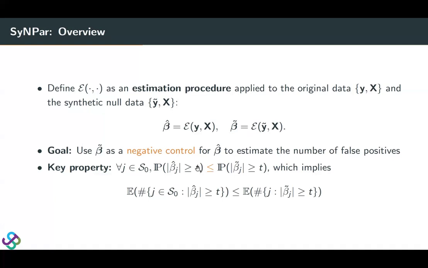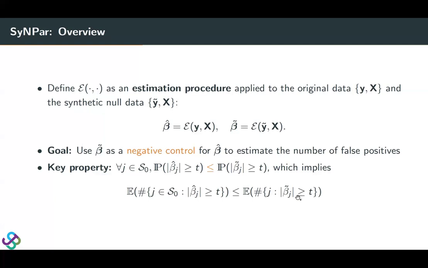We want to have a threshold T so that the j components with absolute values greater than or equal to T will be the discoveries. But we don't know this, right? So how can we control this quantity, and whether there are false discoveries? We want to say that for any null features whose magnitude of beta hat j is greater than or equal to T, meaning they're false discoveries, we hope that they occur less frequently than in the negative control case.